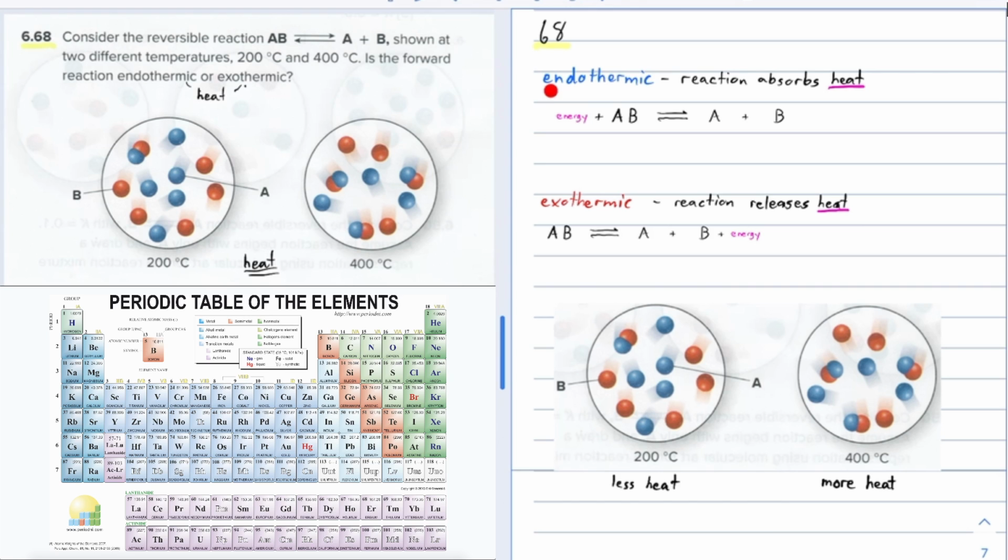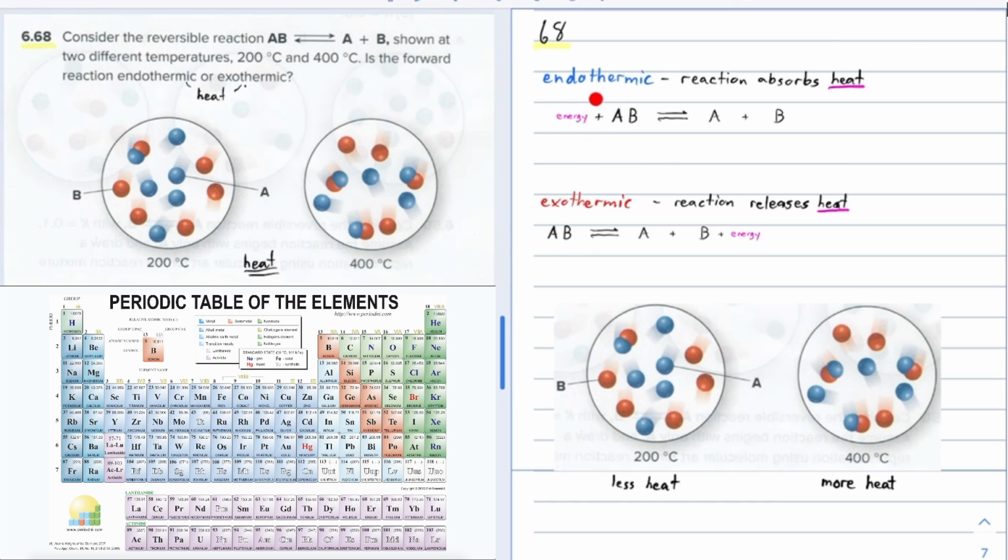First, let's remember that an endothermic reaction involves the reaction absorbing heat as it goes in the forward direction. And we can think of heat or energy, because heat is a form of energy transfer, as being a requirement for it to go forward. It's one of the reactants, so to say.